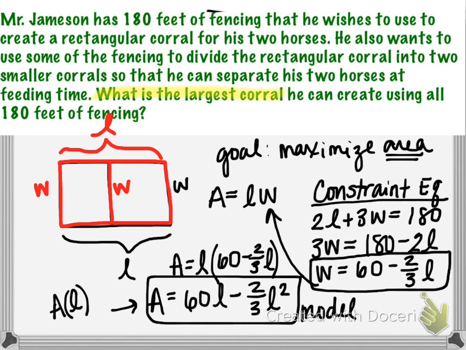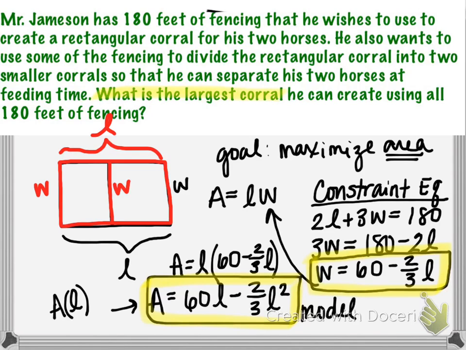So to me, this implies that we don't want just the maximum area, but rather we want the dimensions. So we have the length of 45, and looking on this page, you'll see we have two different equations. We have this area equation here that relates area and length, and we had our constraint equation here that related the width and the length.